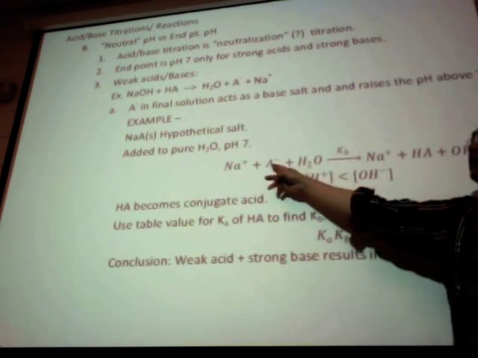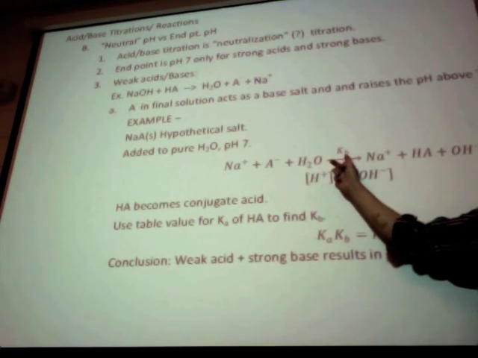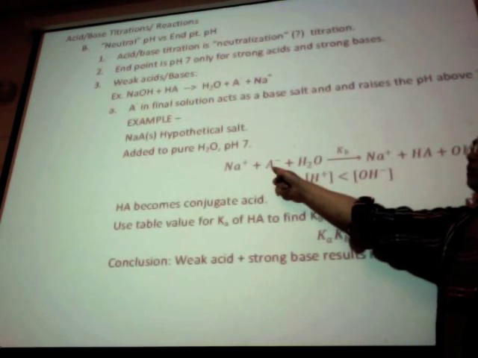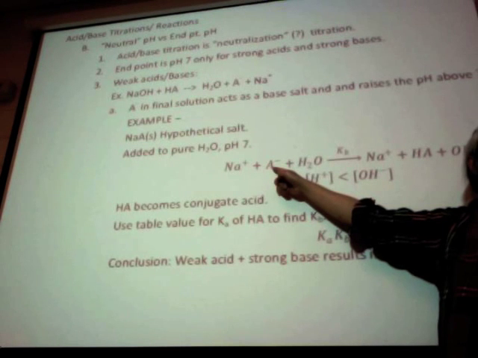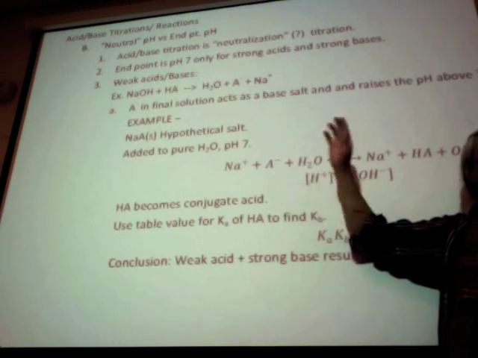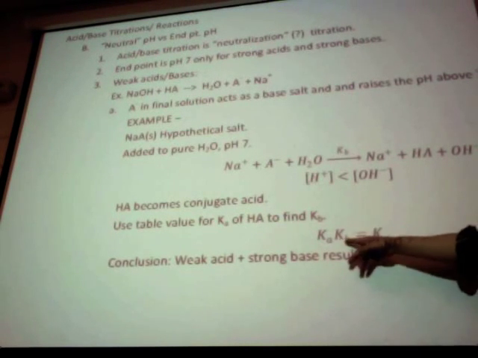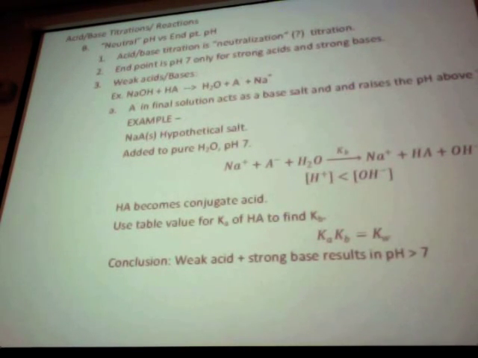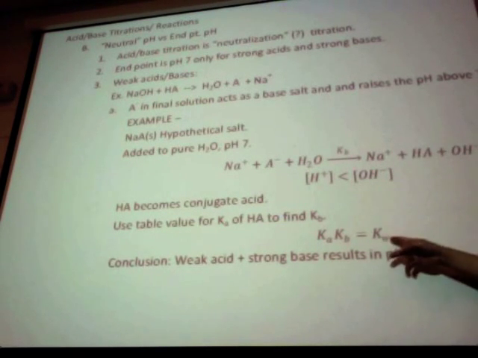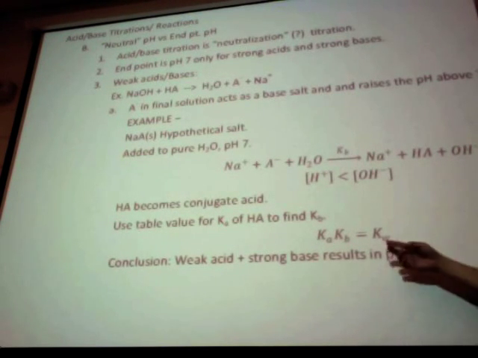Because this is a base. To get the Kb, you need to obtain it from the corresponding conjugate acid, the conjugate pair. Here is how you get the Kb. As long as the mixture is in water, it's Kw. It could be a different solvent, then it would be Ks, a different deal.